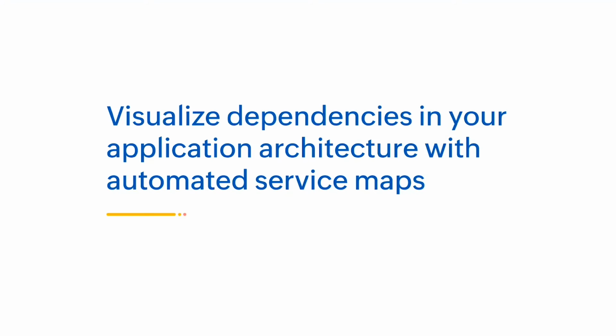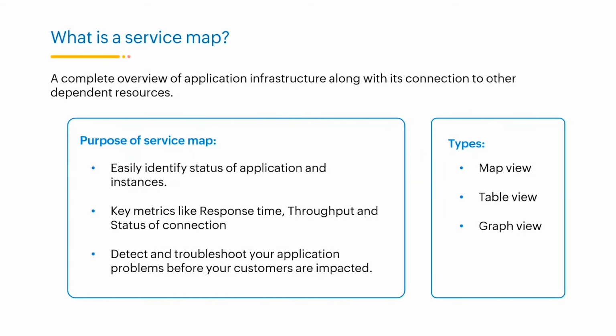In this slide, we can see the visualized dependencies in your application architecture with the automated service maps. Let's take a use case. In IT network and infrastructure, an application may be connected to multiple databases and have dependencies with several servers.